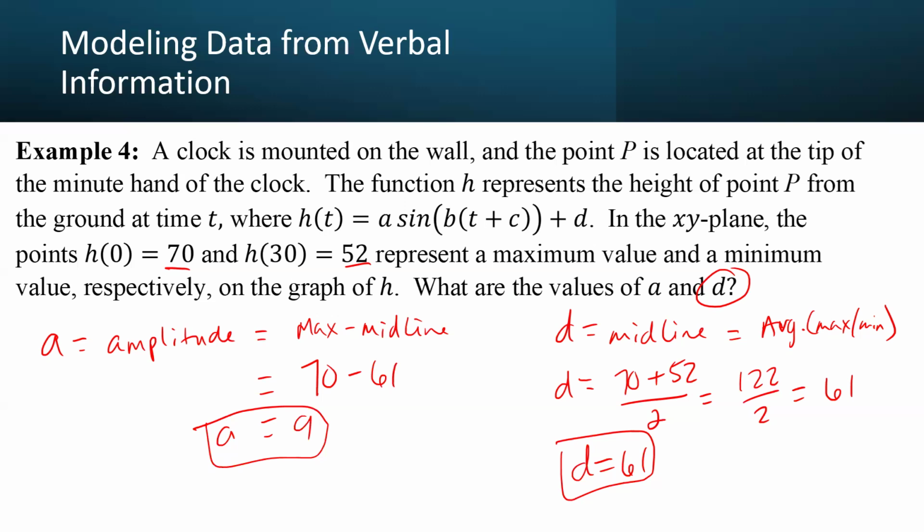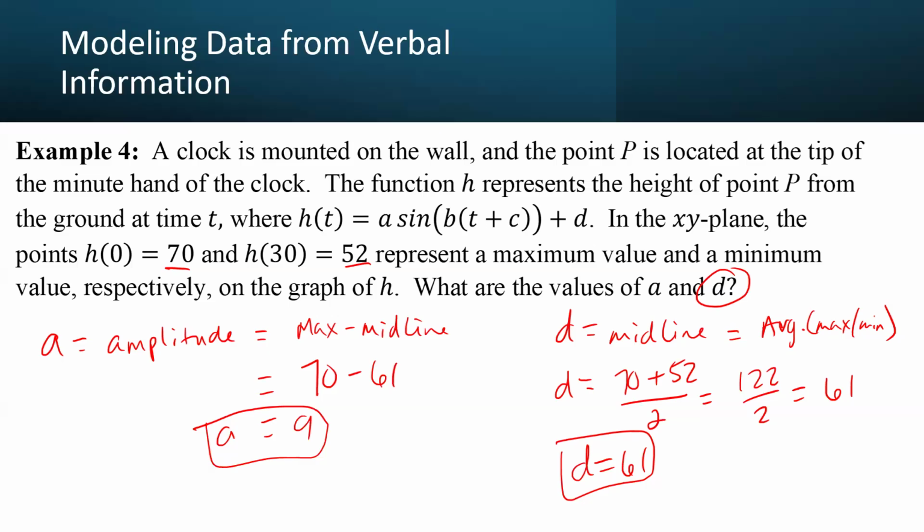Okay. Quick question before I move on. What if you needed to find your B? B is 2 pi over the period. But if I only have the max and the min, that's only telling me what about my period? It's half. So if they give me my max and my min point, that's only half of my period.